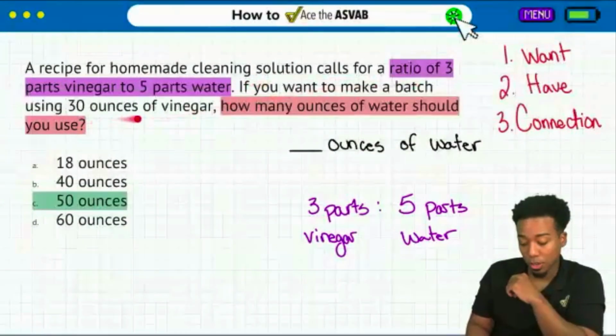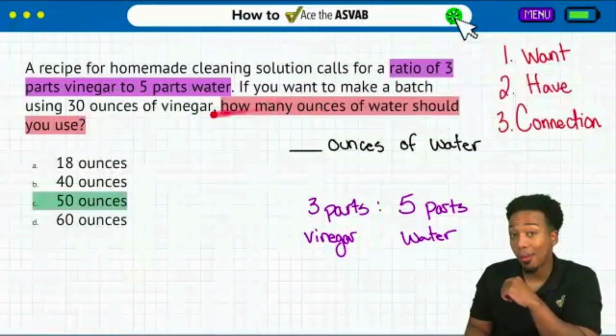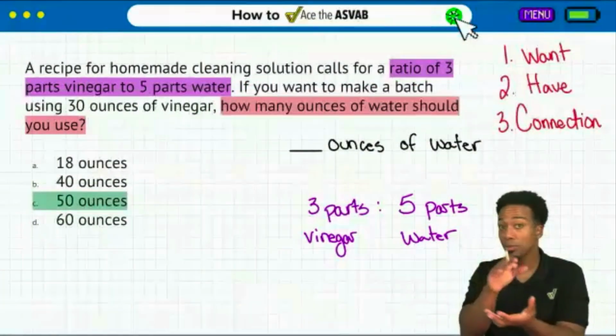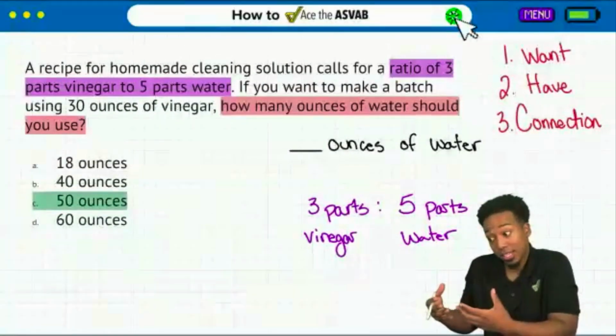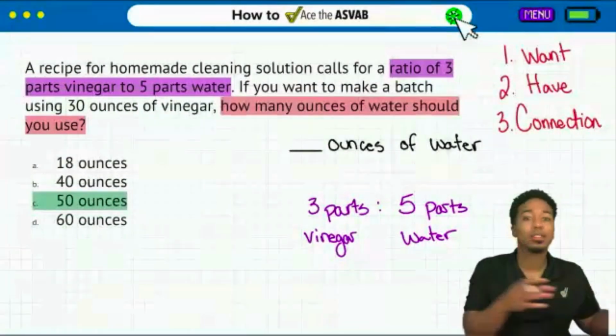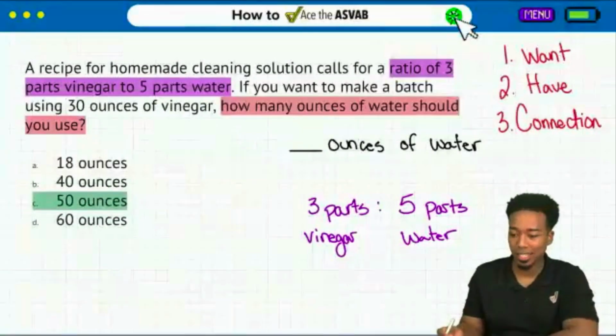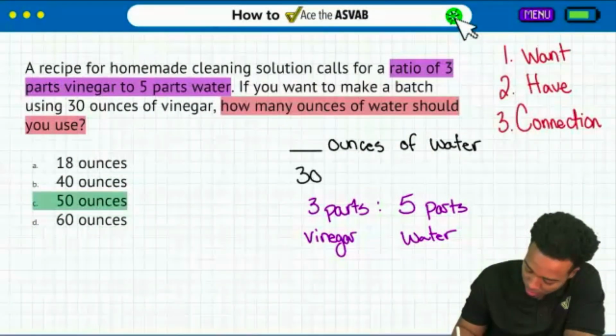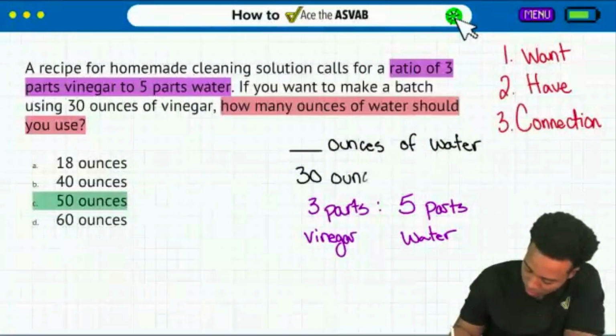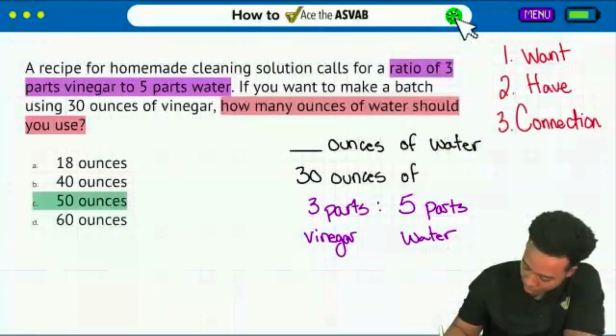If we're using 30 ounces of vinegar, how many ounces of water? Those two things are connected because they're in the same sentence, and we're saying, if this, then how many of that? They're absolutely connected. And so I'll say right over here, 30 ounces of vinegar.